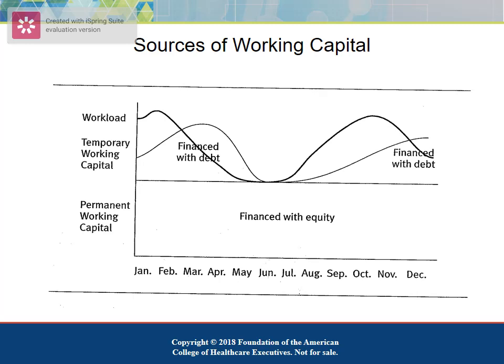The idea would be to minimize that as much as possible because you are paying interest, of course, when you debt finance. So it's ideal if you don't have any debt financing, if all of it is financed with equity. But if you can't, then you want to consider those various options.